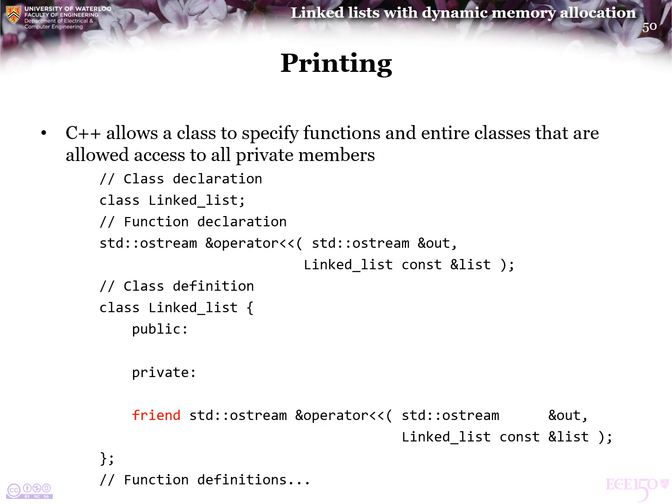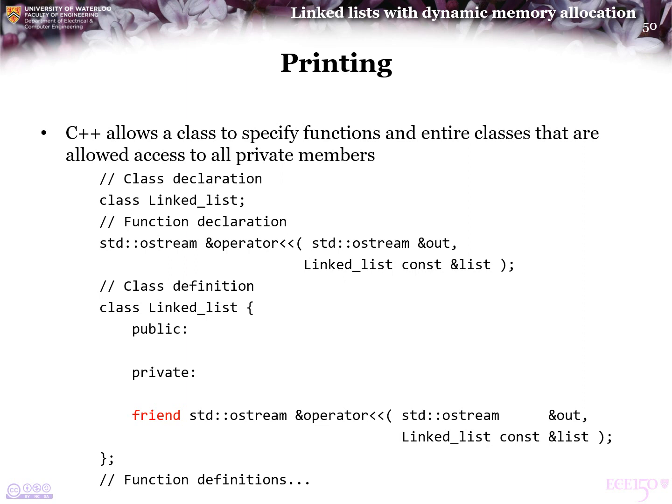Well, what C++ allows you to do is to explicitly declare either entire classes or specific functions as being friends of this class. That means a friend of a class can access the private member variables and any private member functions of this class. So it's basically saying everything is private.